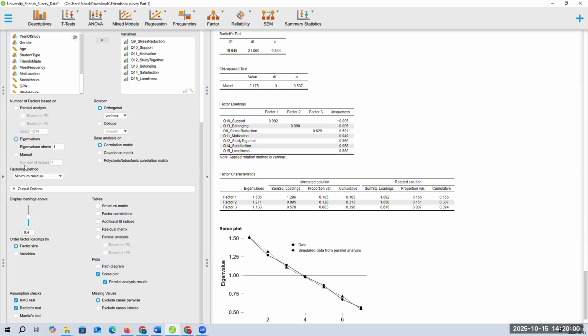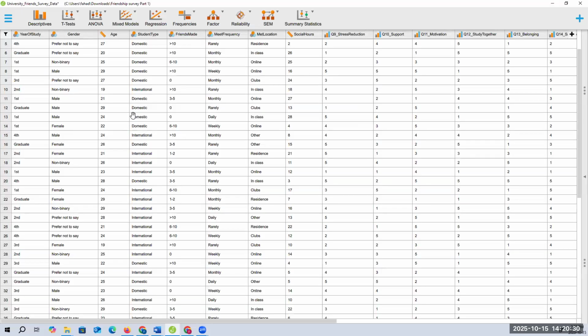But normally you would get the other factors to also be present here. So it's not clear why it's not here also for study together and satisfaction and volume. All right, so that's factor analysis. But again, I feel that you need more questions to implement a factor analysis.